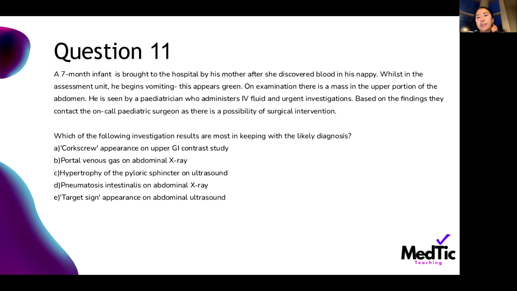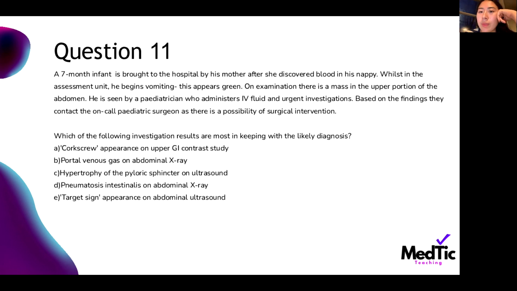So yes, that is correct. The key things in this history are the age, which is very important here, the blood in the nappy, which is not quite redcurrant jelly as described here, but I don't think they'd be that nice to you, the green vomiting, and a mass in the upper part of the abdomen.